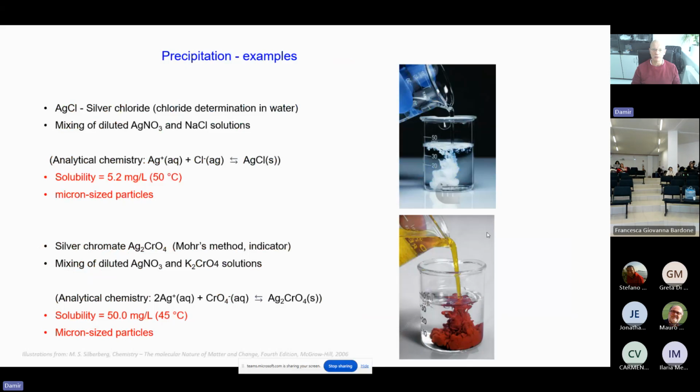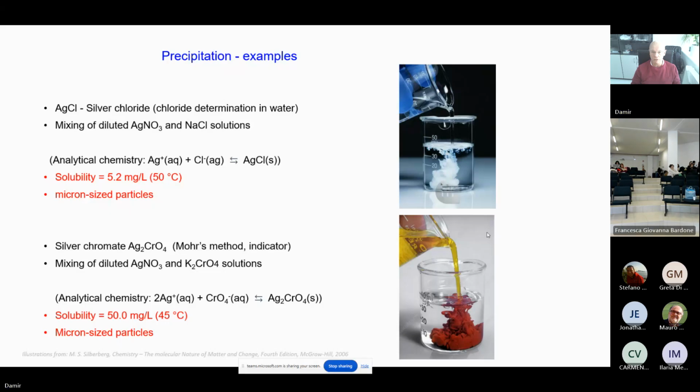Examples of precipitation are also from a course on analytical chemistry. Precipitation of silver chloride is an analytical technique for determination of chloride in water. Such processes are started by pouring one solution into another, and typically immediately after mixing the solutions, a precipitate occurs, in the form of very tiny crystals, colloidal crystals.